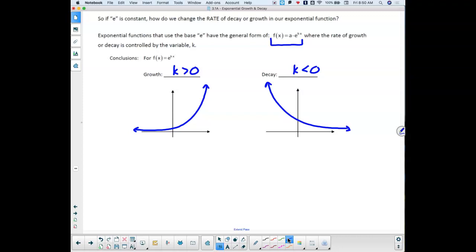Because now, if k is negative, then 2.71 to a negative power, we would reciprocate that 2.71. So we'd have 1 over 2.71, and then it would have a positive exponent. So that's what makes it a decay there. So k being positive or negative tells me if it grows or if it decays or whatever's going on with it.